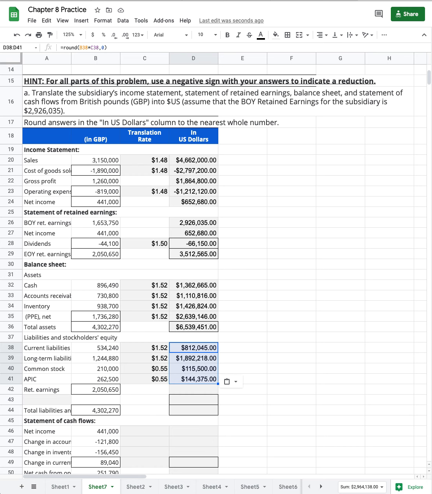All right, and then our retained earnings, we calculated up above as $3,512,565. Then we know that our total liabilities, I'm going to make A a little bit bigger.